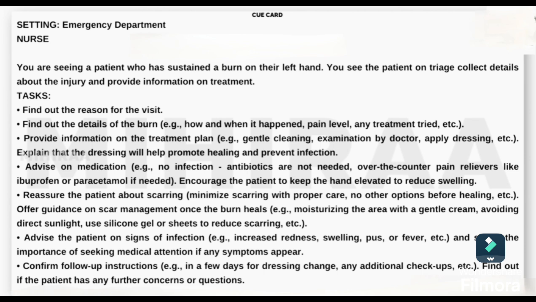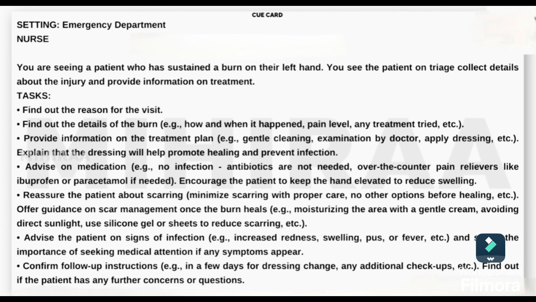If the symptoms appear, please don't wait or waste your time, because if the infection starts, it will get worse very soon. So it is my humble request to consult with your doctor as early as possible if you see or feel any such symptoms. Are you getting my point?